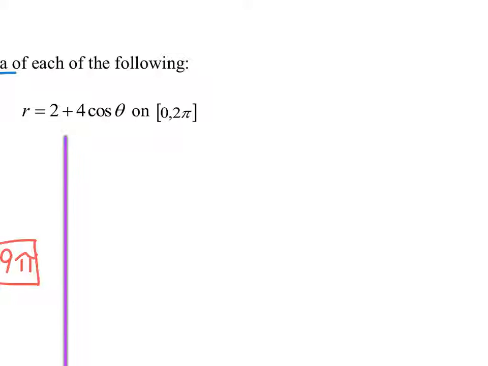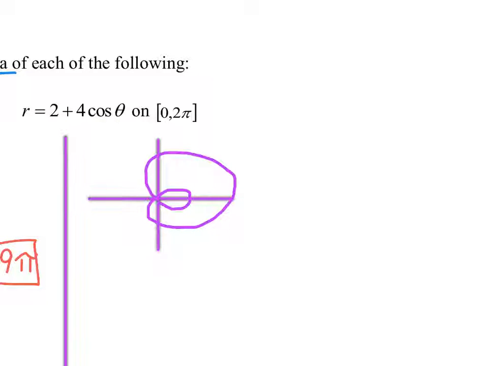I want an idea of what this thing looks like. All right, so, and again, sketch. I'll show you your sketch right here. Look at that. Perfect sketch. Full credit.